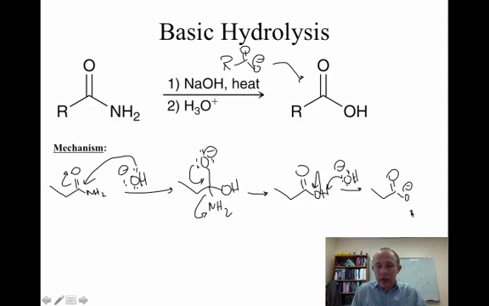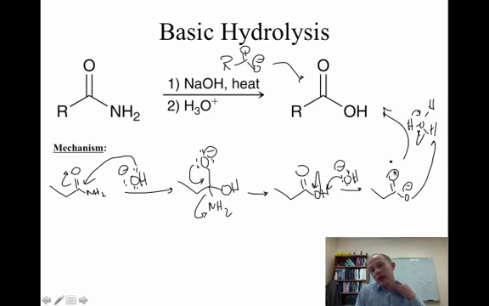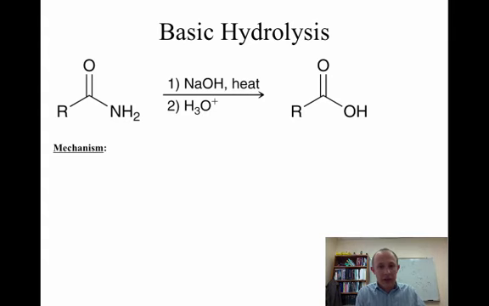It gives us an O minus ion, right, which is the result of step 1, and then protonation with the hydronium ion, which is a separate step. So now it's okay to have a positive charge here. We added a second reaction to protonate that oxygen to give us our carboxylic acid. This is basic hydrolysis of an amide. And those are really the only two reactions of amides that you're going to need to know, which is kind of nice.